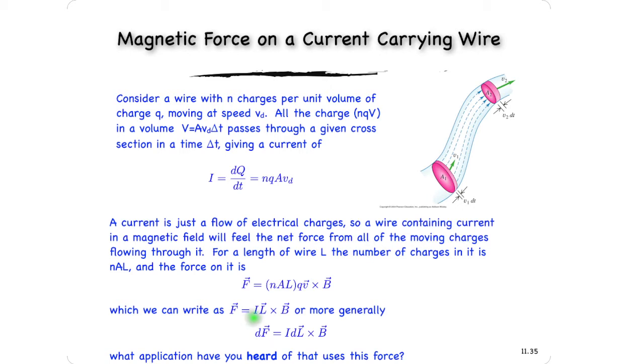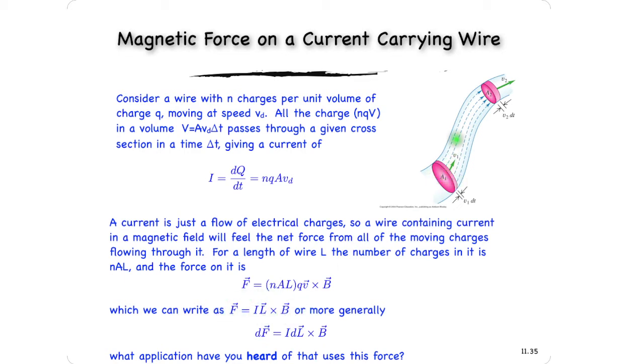And remember, I is in coulombs per second, L is in meters, so this is going to be coulomb meters per second. Just like when we write qv cross B, q is in coulombs and v is in meters per second, so we get coulomb meters per second cross B. So this is a way to write the force on a uniform wire.